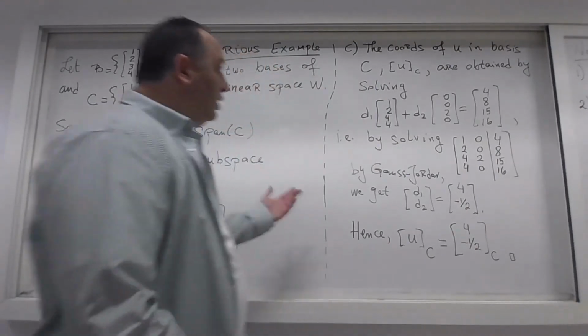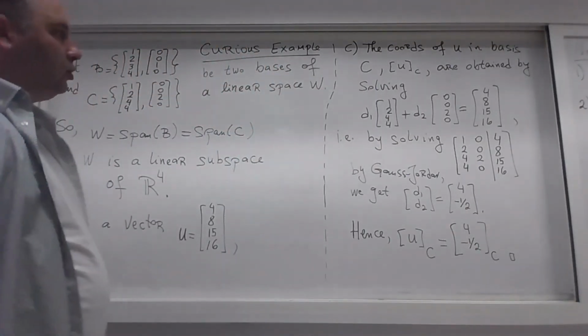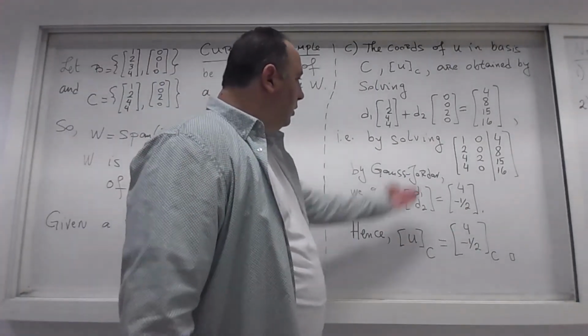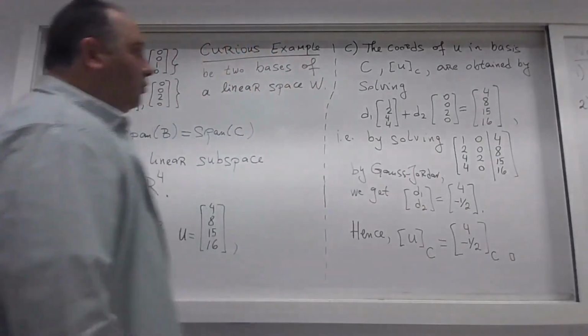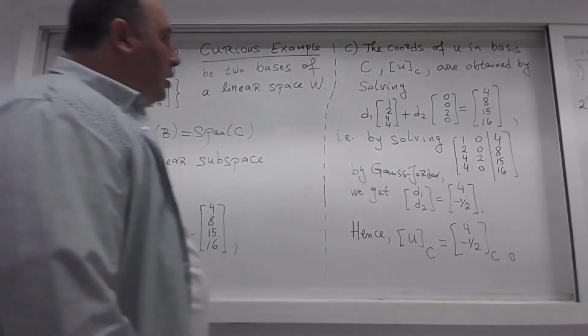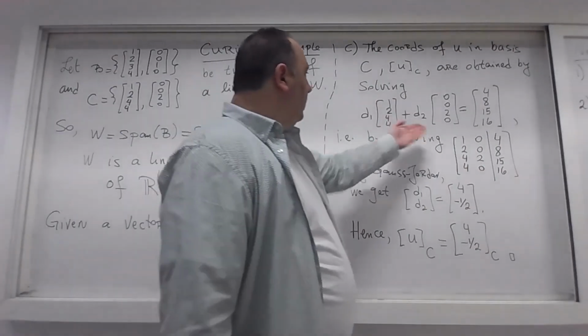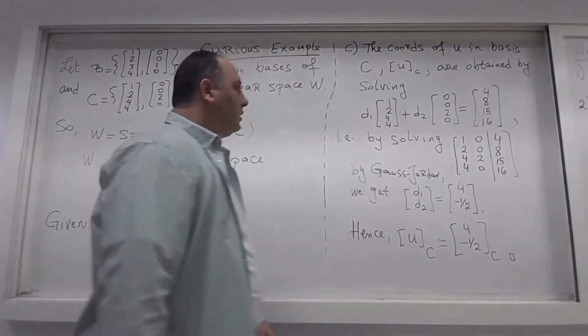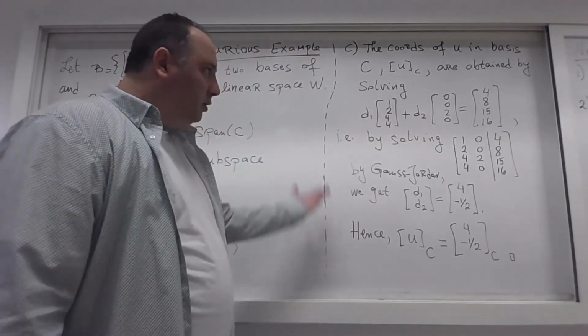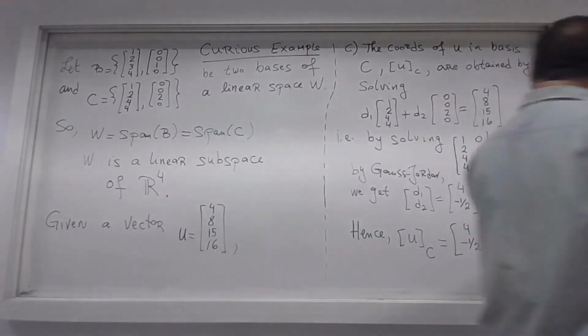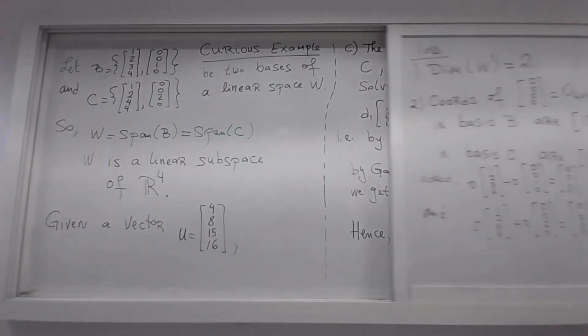So that's simple. It's just normal solution process for non-homogeneous system. How to find coordinates of a vector in a given basis? Well, you need to solve non-homogeneous system. Very simple, standard procedure.